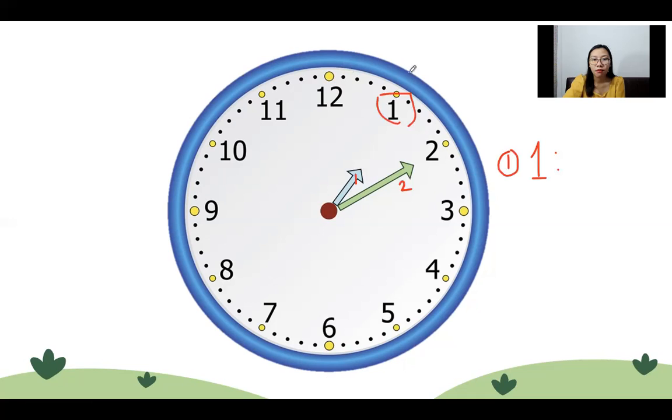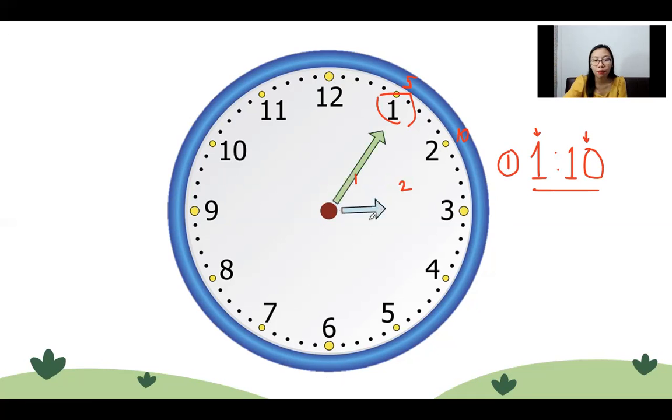We have 5 and then 10. 1, 10. So what time is it? It's 1:10. The hour and the minute. All right, let's try another one.